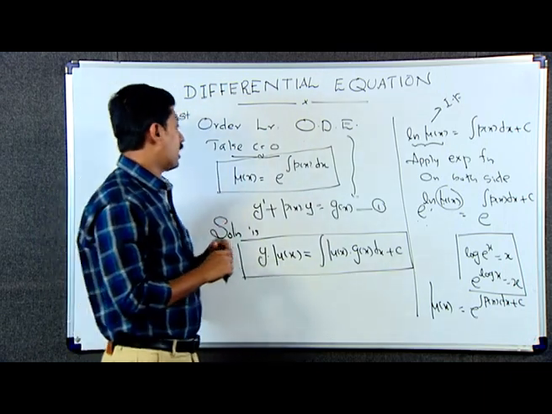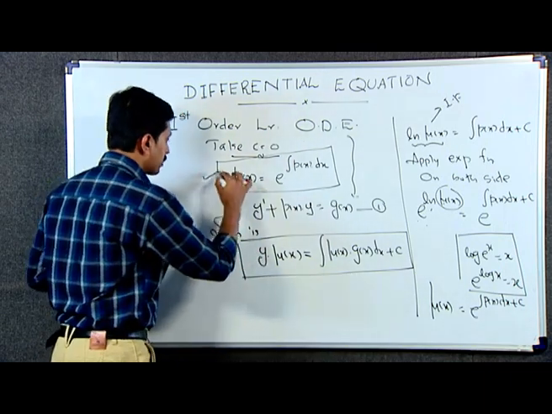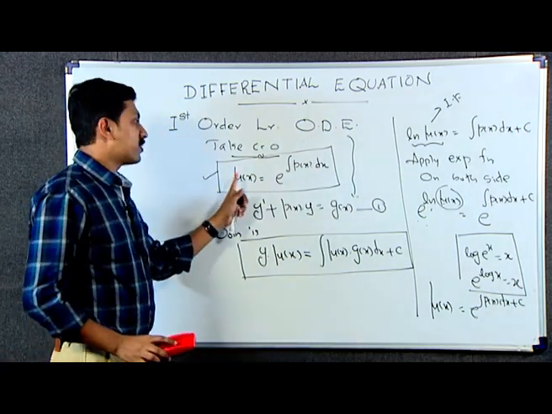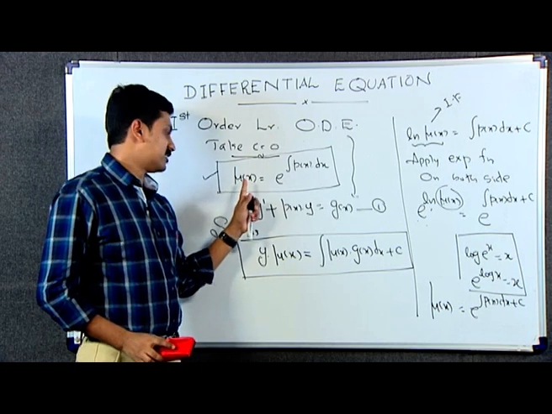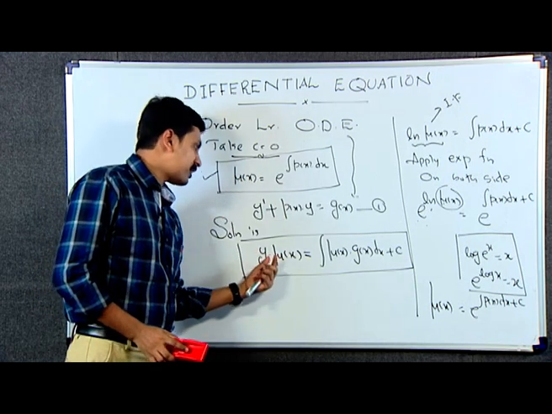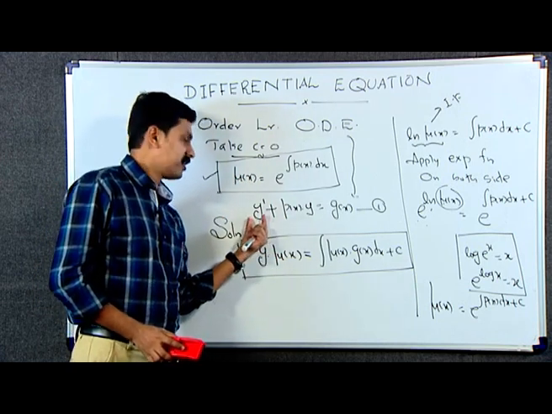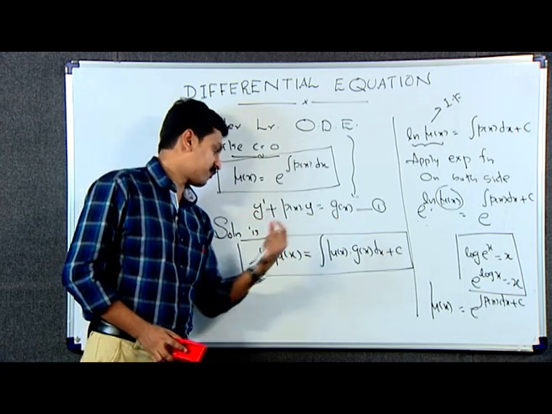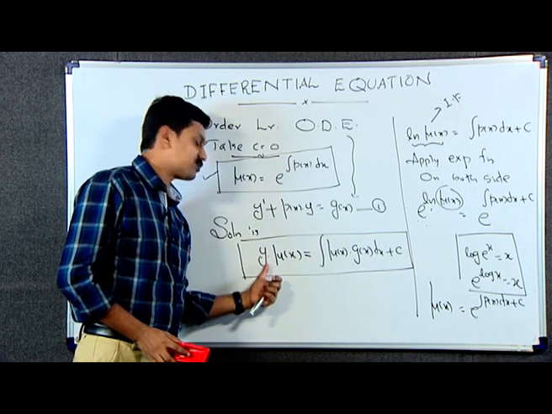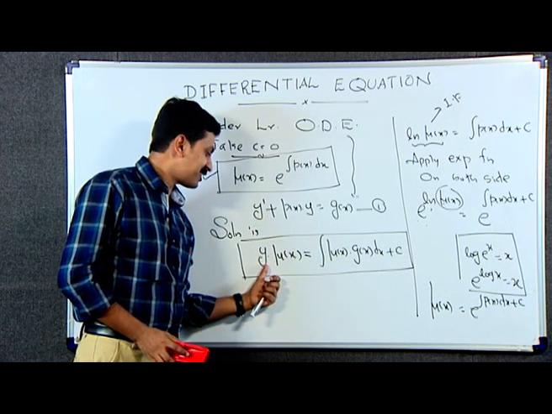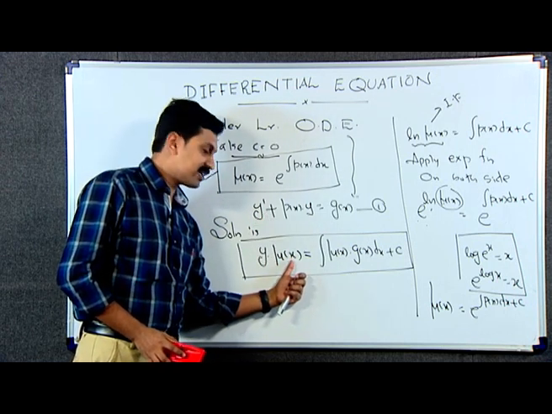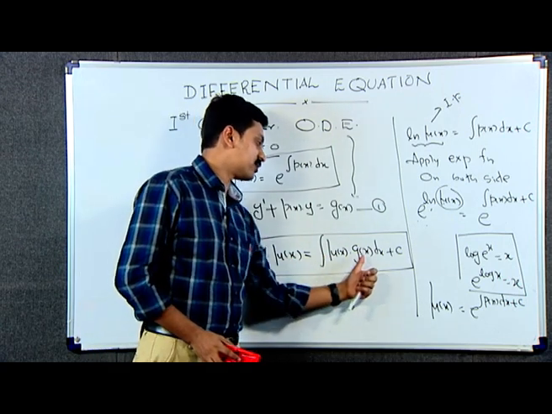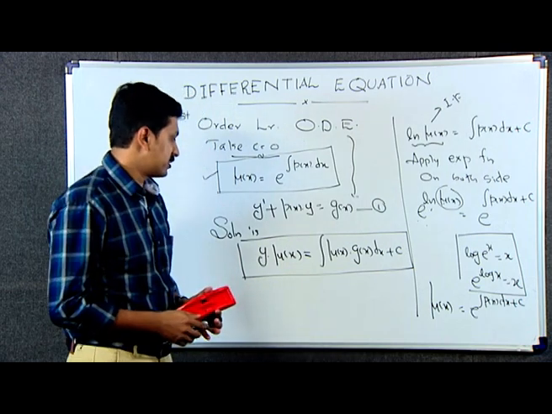See here, this is a part of the method of finding the integrating factor, and this mu of x is called the integrating factor. Our formula to solve y dash plus p of x into y is equal to g of x is that y is the solution of the ordinary differential equation and mu of x is our integrating factor, so y times mu of x is equal to integral of mu of x into g of x dx plus c.